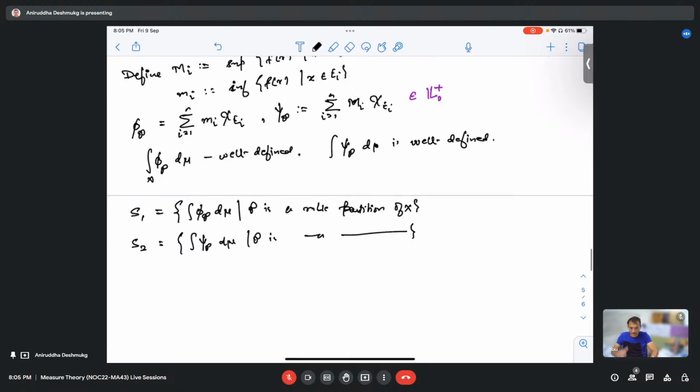Now, can we say that the integral of phi_P is less than or equal to the integral of f, and this is less than or equal to the integral of psi_P?